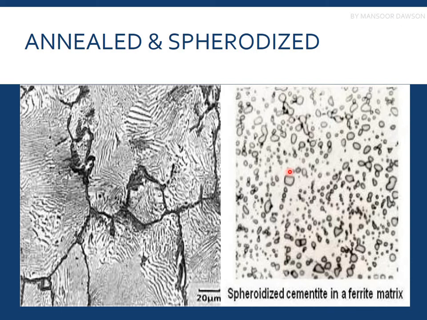But however, spheroids are formed while annealing the high carbon steel, that is called spheroidizing. Okay, and if you are discussing the low carbon steels or the hypoeutectoid steels, you can see that the stresses are relieved.